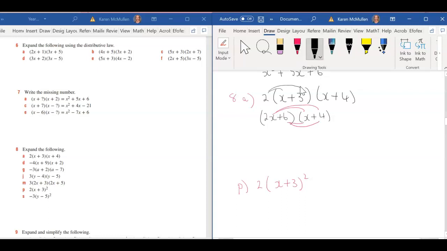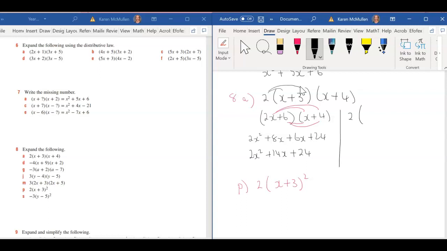So we'll just quickly do that. 2x times x is 2x squared. 2x times 4 is 8x, plus 6x, plus 24. Let's just tidy it up. Plus 14x plus 24.